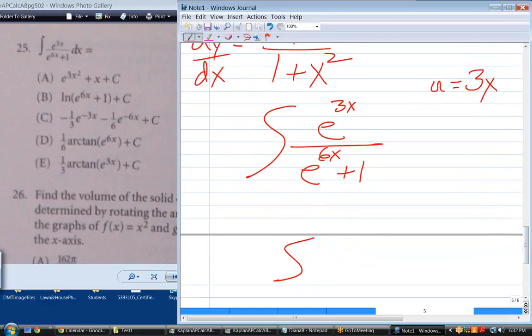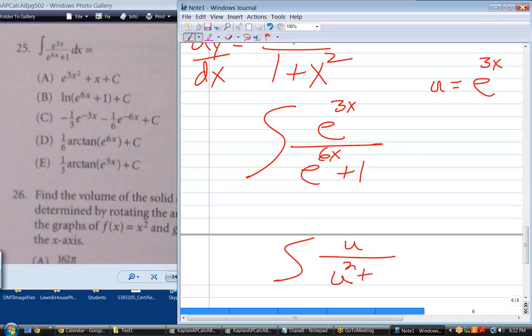U over u squared plus 1. I didn't let u equal the right thing. I need u to equal e to the 3x, because now it would be u over u squared plus 1.